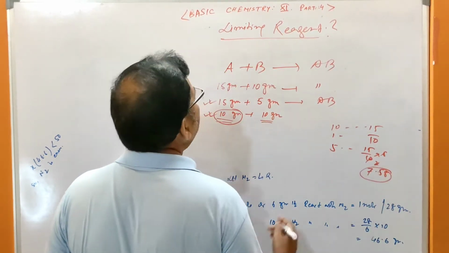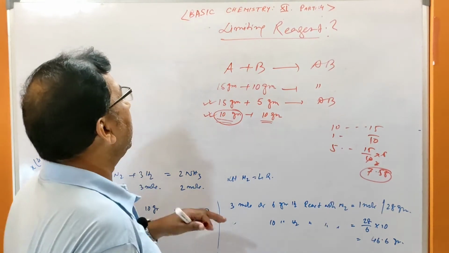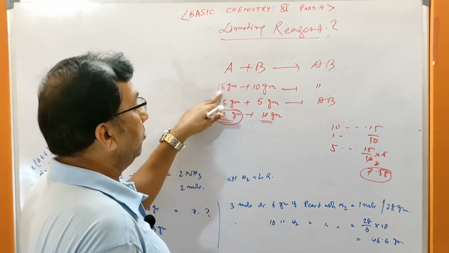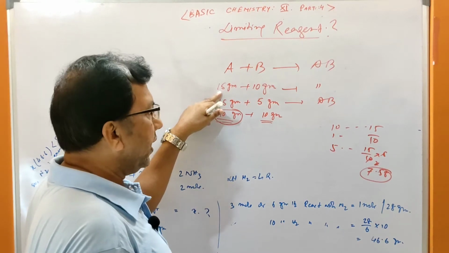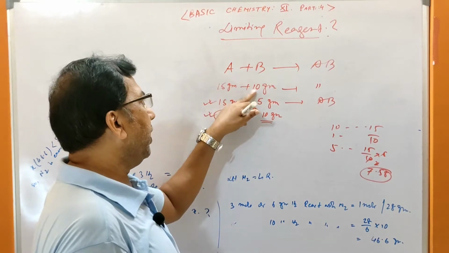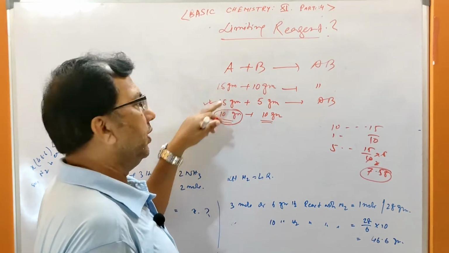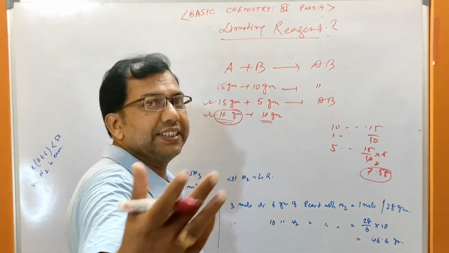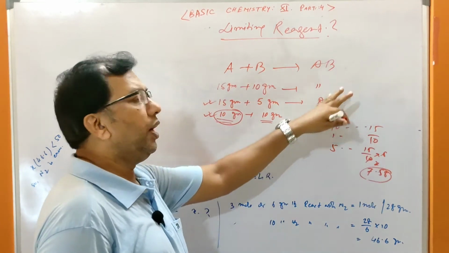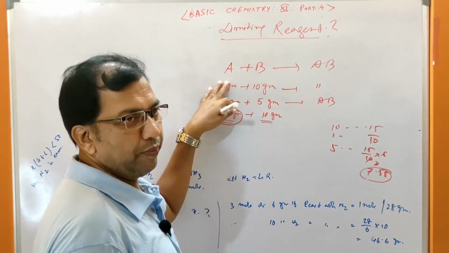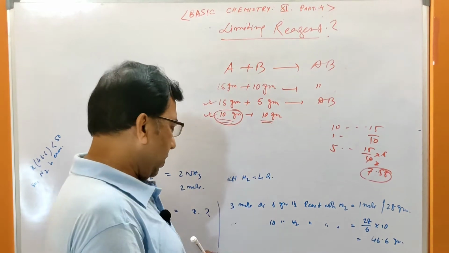That means we only require 7.5 gram, but we have 15 gram. This is half, this is also half, 7.5. That means 7.5 will be the excess amount. After the completion of the reaction, 7.5 gram will remain as reactant in excess. Clear? The concept is clear.